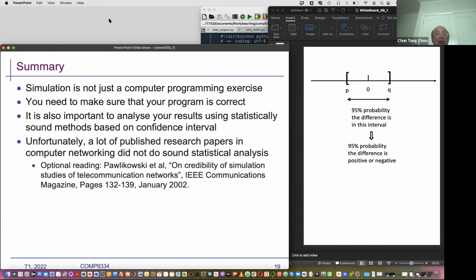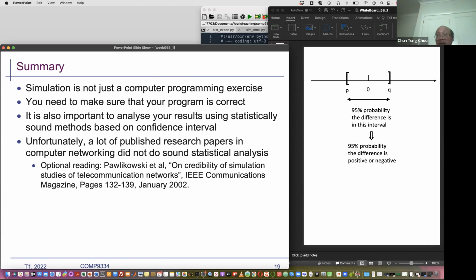As a summary for this part, simulation is not just about writing a computer program. It's important to make sure that the program is correct. It's also very important to analyze the results in a statistically sound way using confidence intervals.